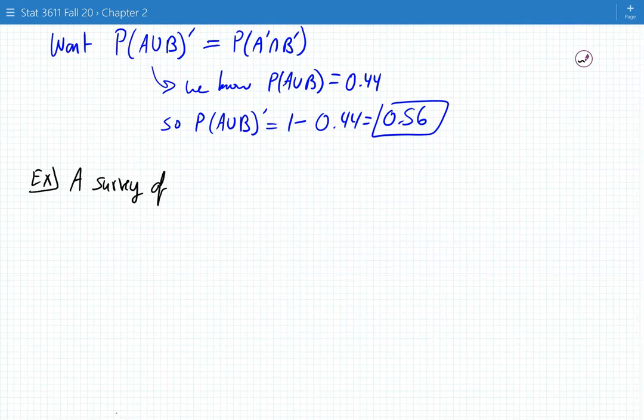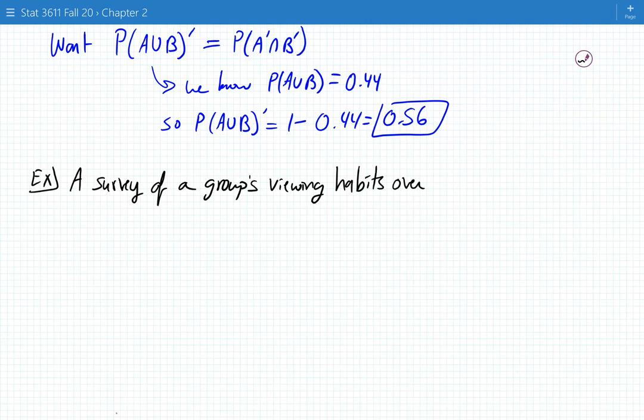A survey of a group's viewing habits over the last year showed the following.